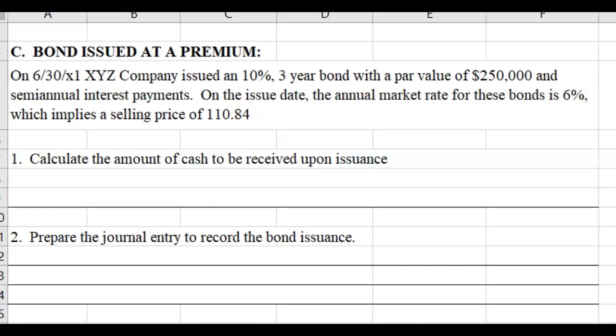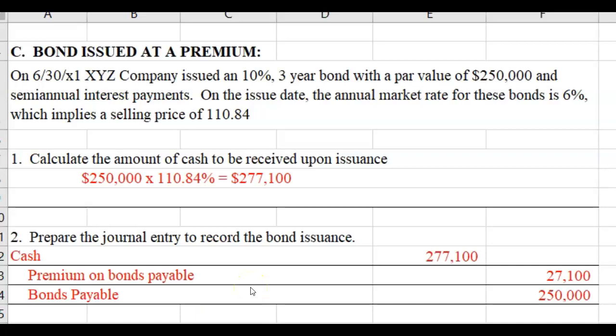As we've stated, when the contract interest rate is greater than the market rate, the bonds will be issued at a premium. Go ahead and calculate the amount of cash to be received upon issuance and write the journal entry to record the issuance of the bond. When you're finished, start the video again to check your answer.